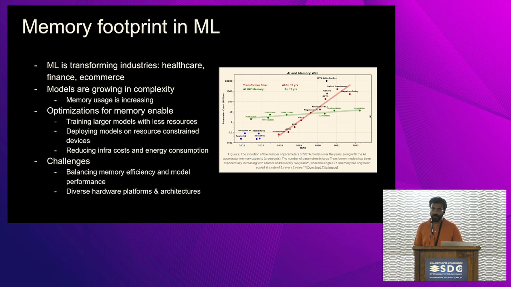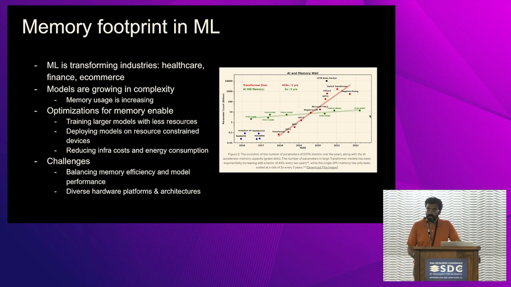Which means at some point, you will not have enough memory in a GPU or a cluster of GPUs to host a model. Therefore, you need to partition the model and have multiple GPUs, buy more GPUs, so that the model can live in memory. And therefore, optimizations are needed for memory. They enable training larger models with fewer resources and deploying models on resource-constrained devices.